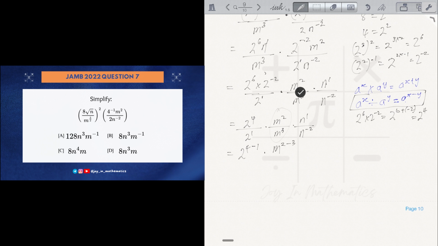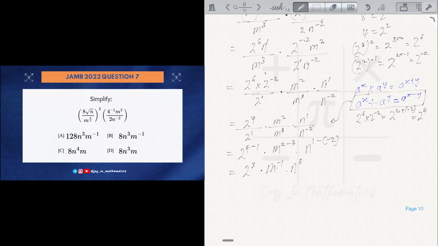And n raised to the power of 1 minus 2, because we're applying this division law. So 2 raised to the power of 4 minus 1 is 2 raised to the power of 3. M raised to the power of 2 minus 3 is m raised to the power of minus 1. N raised to the power of 1 minus 2 will give us n raised to the power of 3.